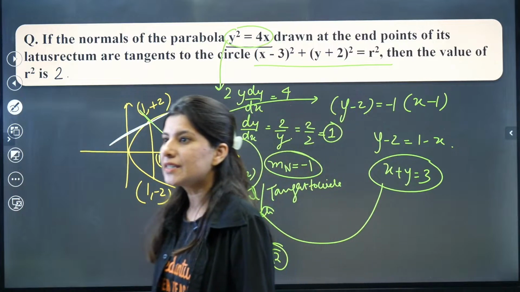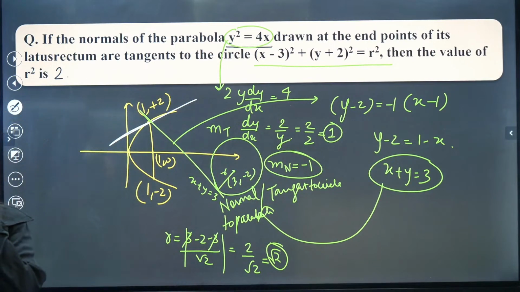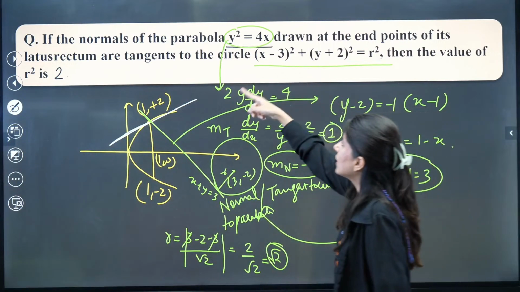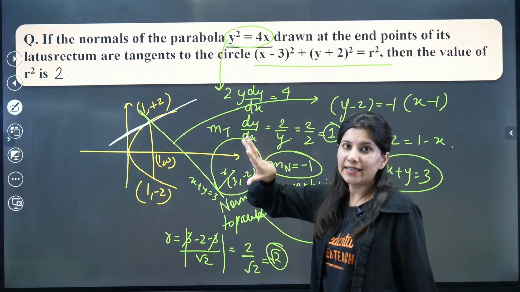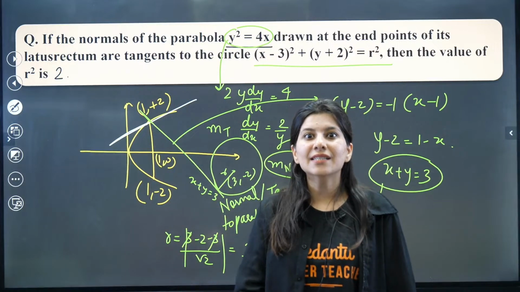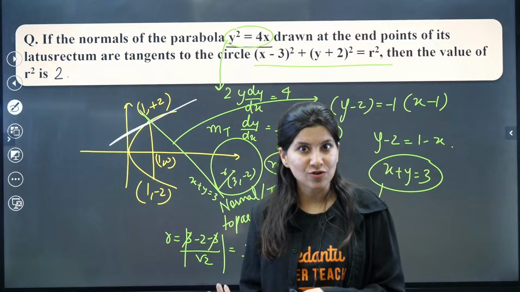A student is asking, ma'am, how do we get the tangent if we differentiate? Chakradhar did not understand this. So basically, this is a concept you should know in calculus: dy by dx is nothing but the slope of that tangent.